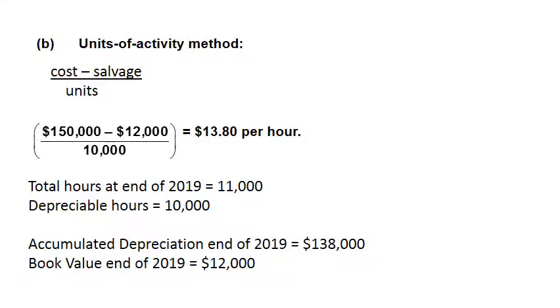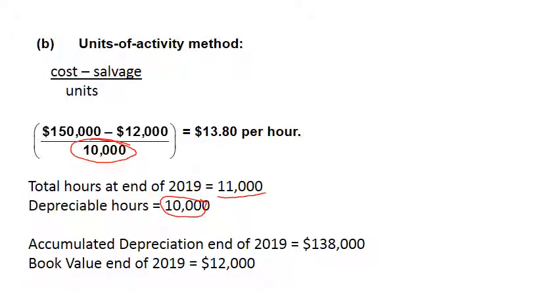For units of production or units of activity, really what you're doing is you keep going until you get to the 10,000 units. So if I told you in 2019 the total hours we've reached are 11,000, you have to look at it and say, well, we can only depreciate the first 10,000 hours. So you have to cap it at 10,000.